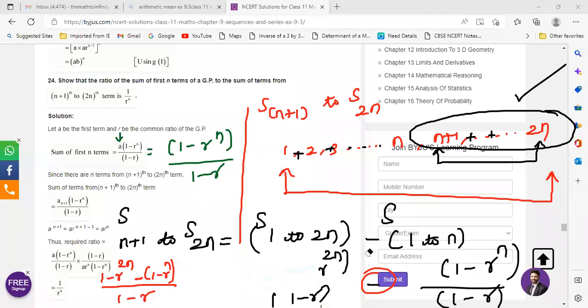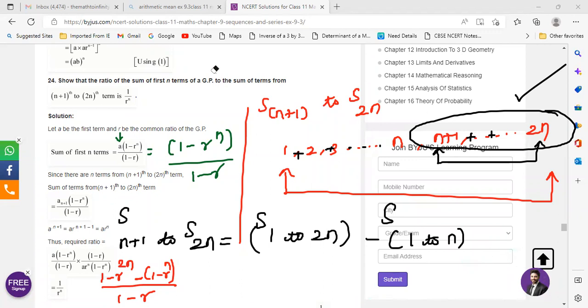This is the numerator. So you just have to take the minus inside of the second part and multiply with that. What happens? You will be having 1 minus r power 2n minus 1 plus r raised to the power n. I'm just taking the minus inside and multiplying. So the positive 1 and negative 1 will get cancelled out by each other.